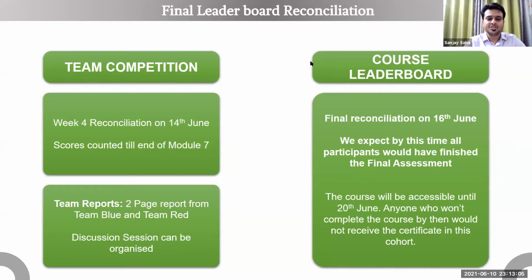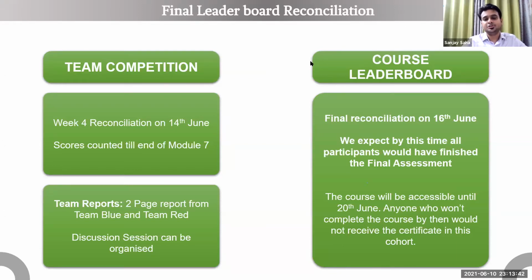So the team competition and the individual leaderboards. For the team competition, the final reconciliation would happen on 14th of June. For the team competition, the scores will only be counted until the end of module 7. Once you finish the course, as we discussed in the first session, each team would develop reports on what you learned from this course, what your experience was.